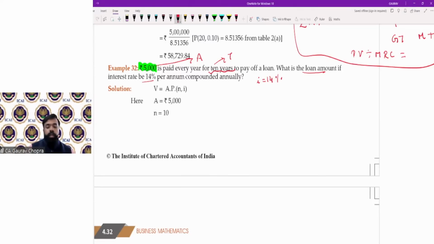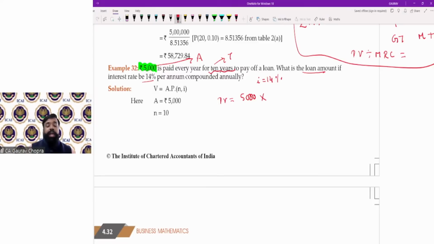So this time, loan amount you have to calculate. The same thing which we are doing. Present value is equal to annuity figure, that is 5,000, and then multiply by the value.